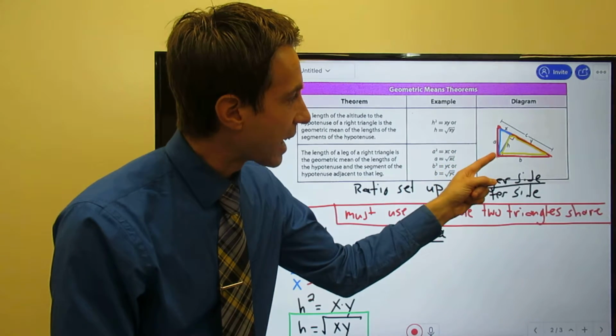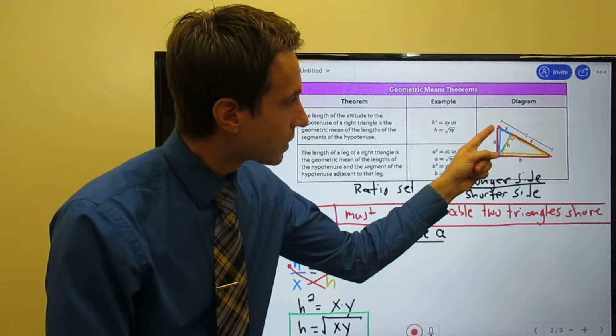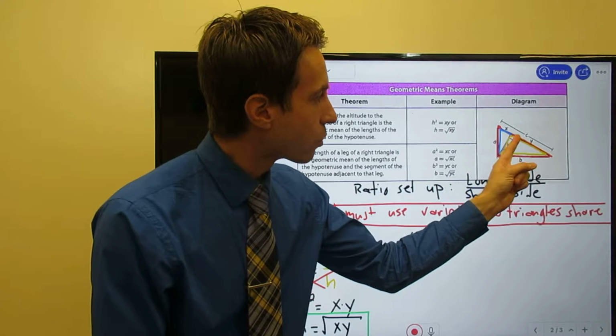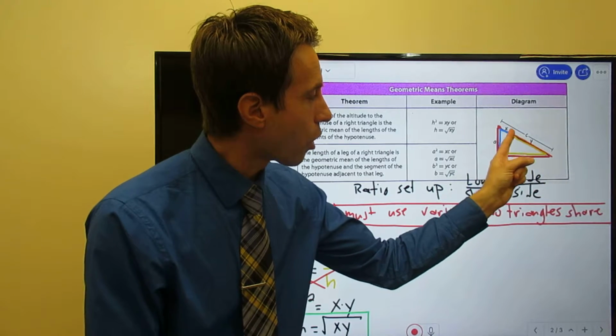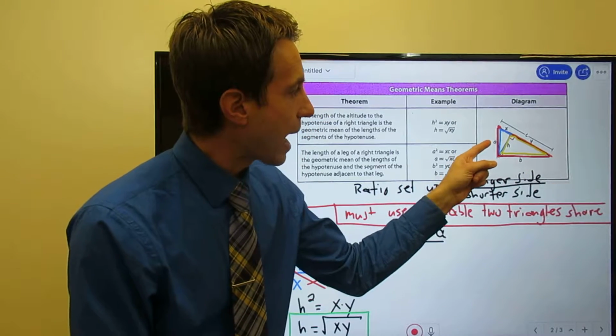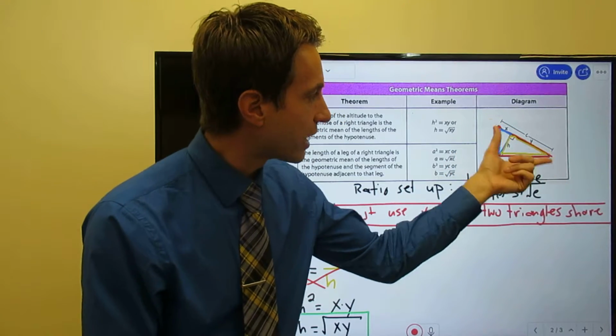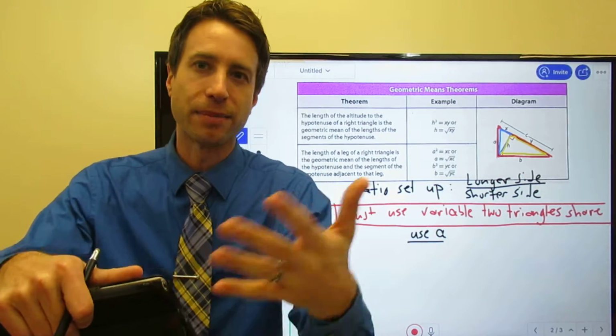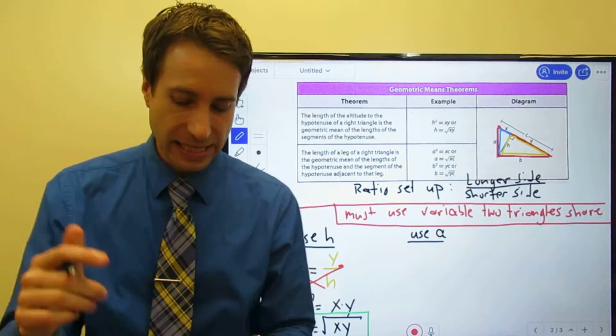I have side A, and then what else do I have? Well, I've got this long side right over here, which they both also share. So A, and then this entire length over here is going to be C, X plus Y, but you add them together and we wind up getting C.